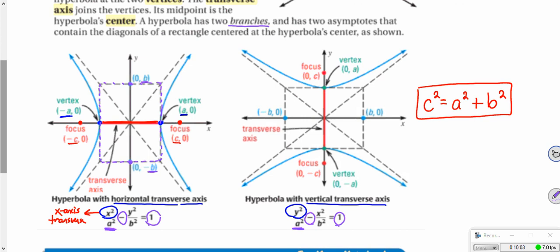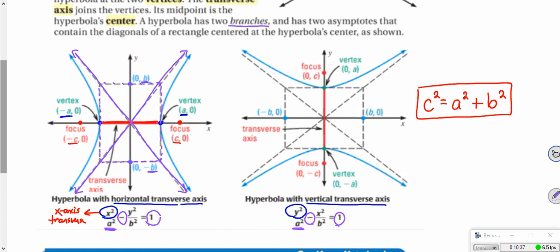Our asymptotes are the diagonals of that box or that rectangle. Remember, a diagonal goes from one corner to the opposite corner. So these right here, I'll just draw straight lines for the sake of time. These are our asymptotes. That's where the B comes in, is getting our asymptotes. The asymptotes are the diagonals of the box formed by the width A and height B.